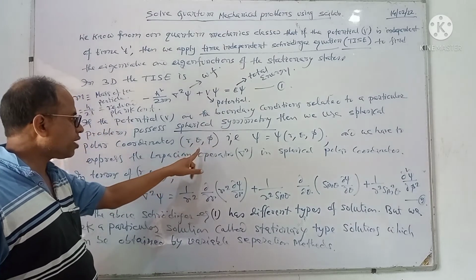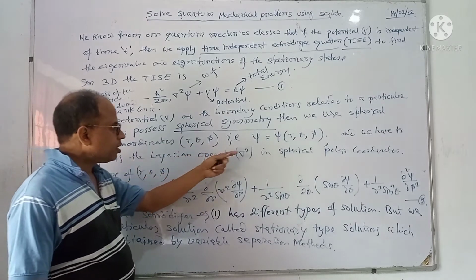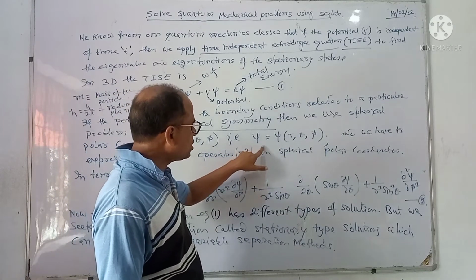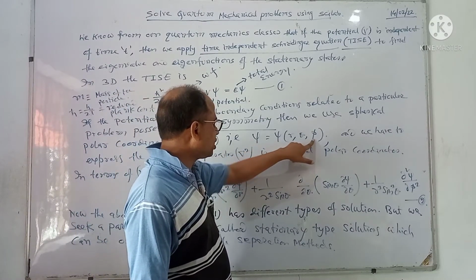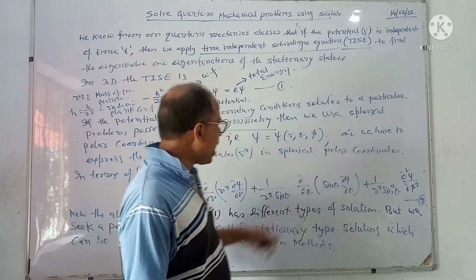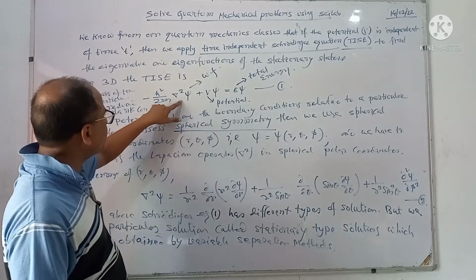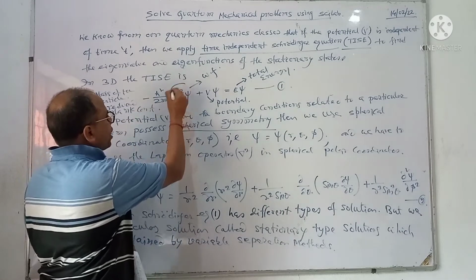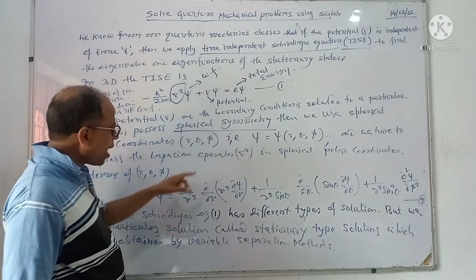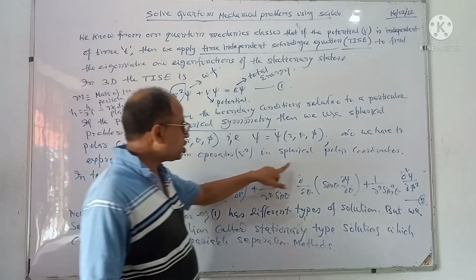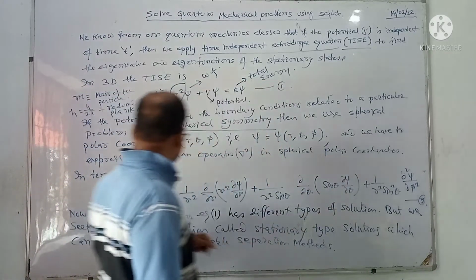In spherical polar coordinates r, theta, phi, the wave function is a function of r, theta, phi, and we have to express the Laplacian operator in spherical polar coordinates.